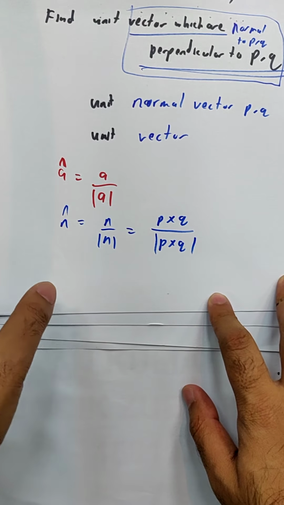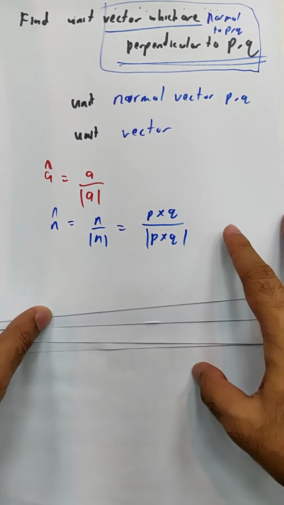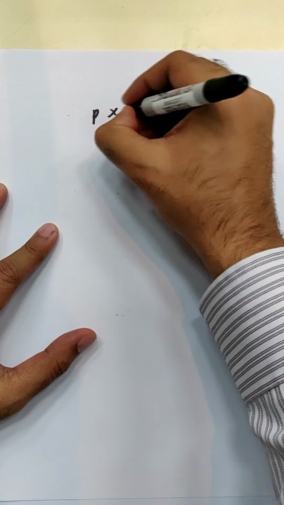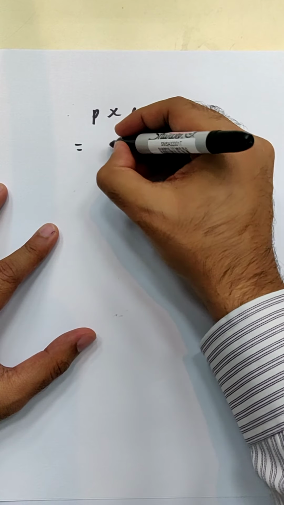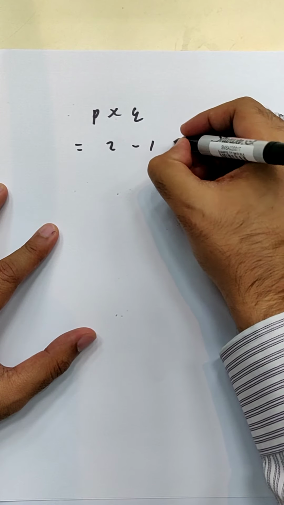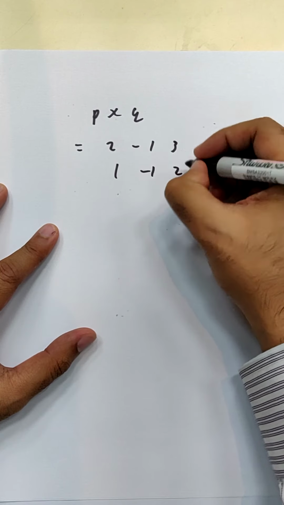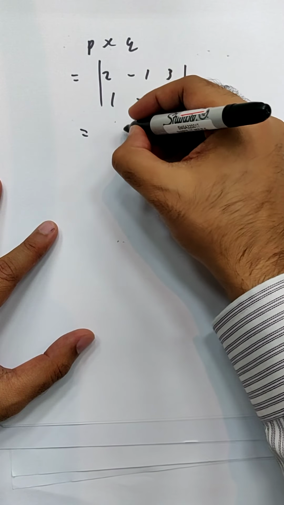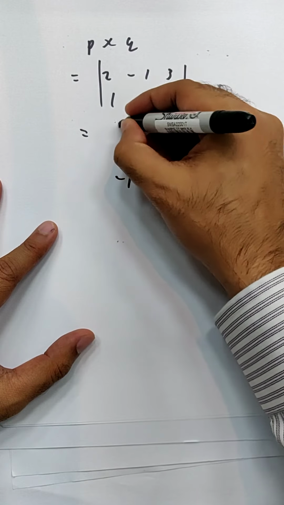Are you okay with it? Forgive me, I'm a bit rushed right now. So P cross Q is 2, negative 1, 3, 1, negative 1, 2. You can do the process, we have done it many times. I'll just tell you the answer is 1, negative 1, negative 1.